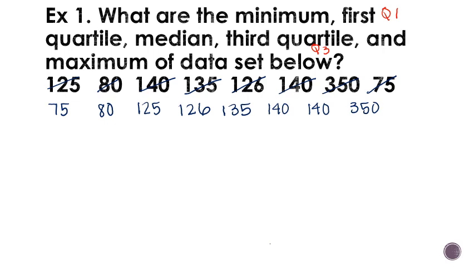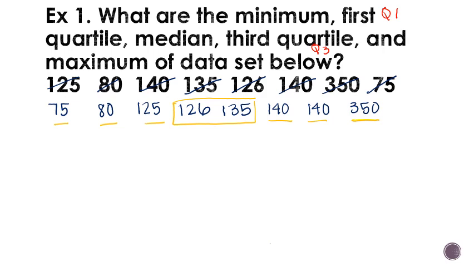So what we're going to want to do is find the median of this. So remember, the median is the middle. I'll go here, here, here, here. Okay, so here's the middle, these two values. So we're going to add these together and then divide that by 2.